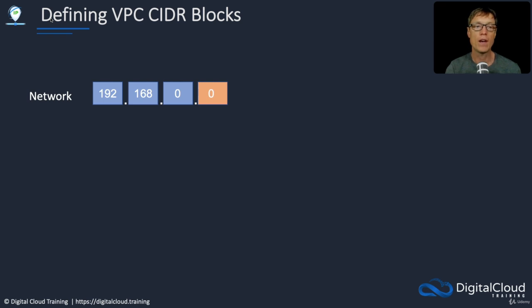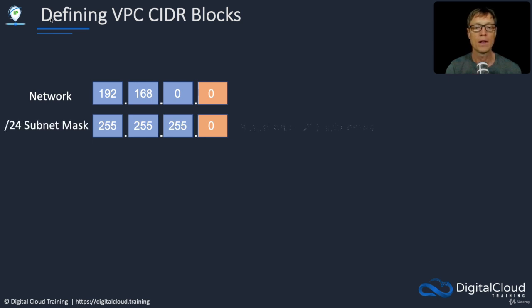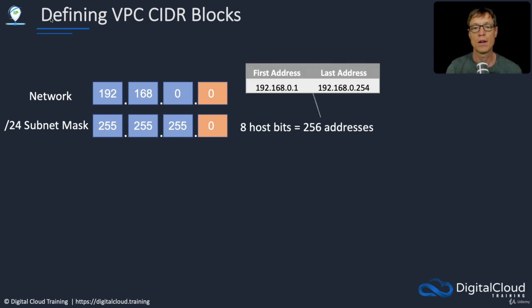So let's say we have a network address of 192.168.0.0. In this case, we have a 24-bit subnet mask, and that gives us 8 host bits, which is 256 addresses. The first address would be 0.1, the last address would be 0.254. Now, you can't necessarily use all of these addresses.